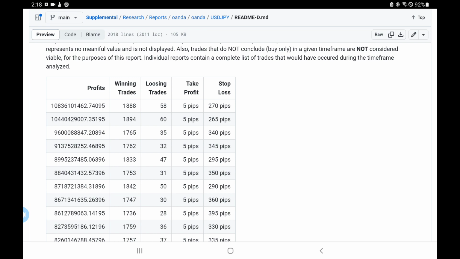And as we can see here, the most profitable one here requires a 270 pip stop loss versus a 5 pip take profit. Realistically, the reward to risk ratio is extremely skewed, but what makes this stand out is the win to loss ratio.